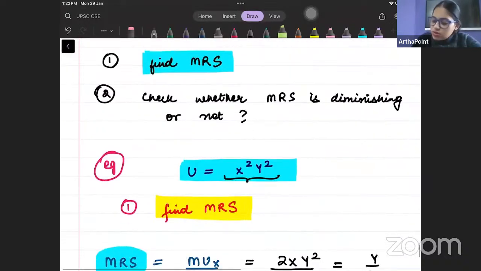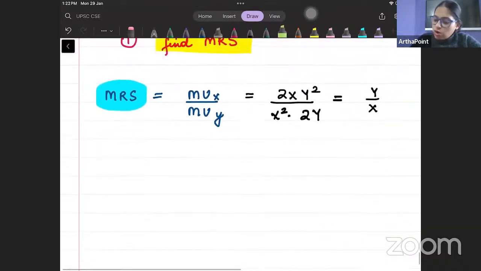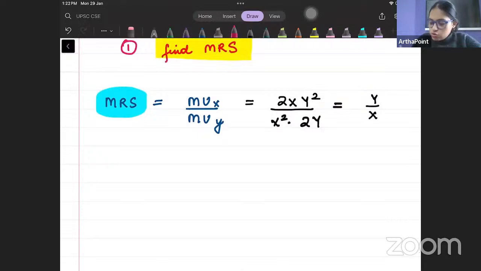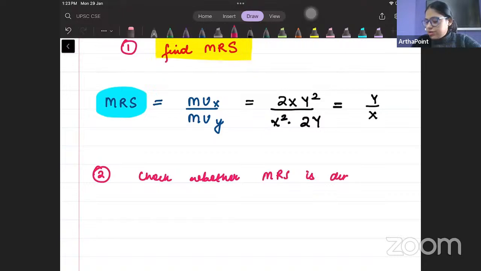But step 2 is check whether MRS is diminishing or not. तो बेटा diminishing होने के लिए क्या चाहिए था MRS को? What is the thing we require?